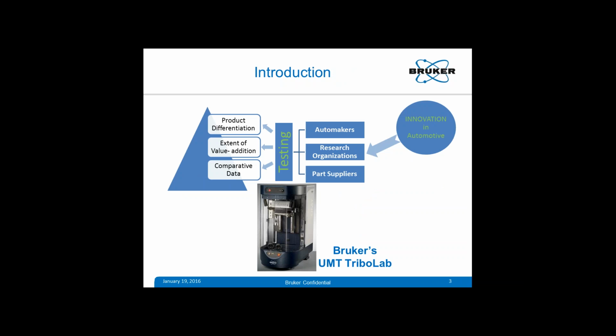To accelerate the innovation process, research and development activities are being vigorously pursued by automotive manufacturers, academia, automotive research organizations, and vendors of automotive industries for their products.